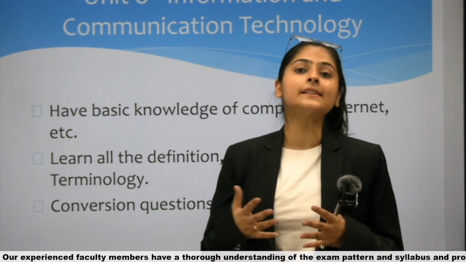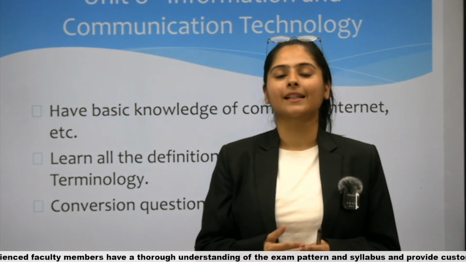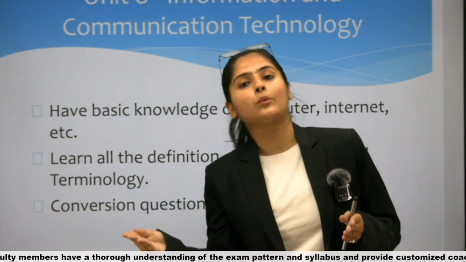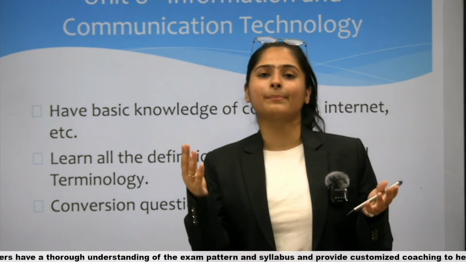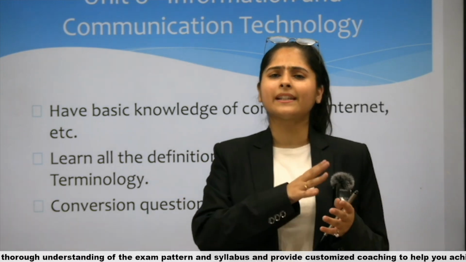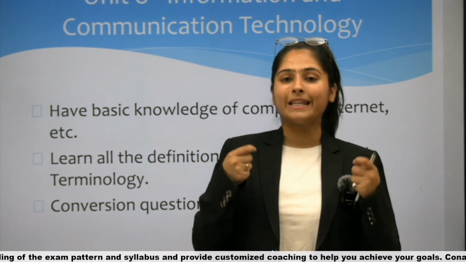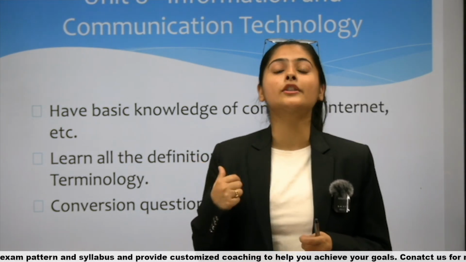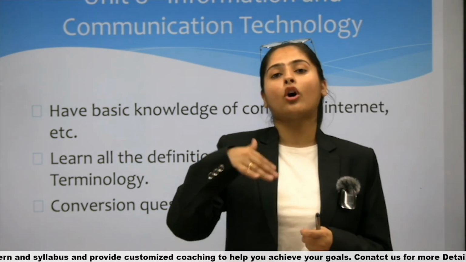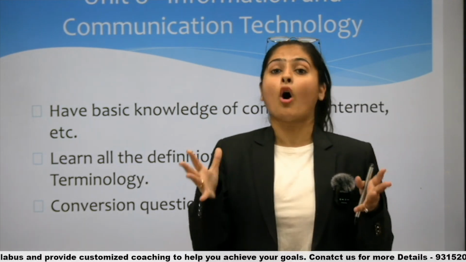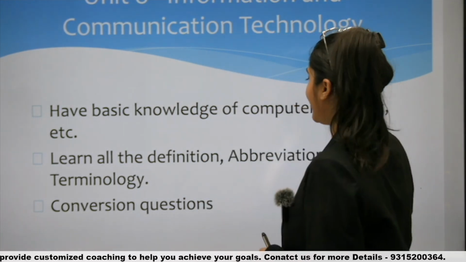Also, nowadays UGC has started asking questions related to conversions, like binary into decimal. These are computer language and they're not very tough. If you just see 1 or 2 videos regarding them, then this unit is also very easy to score. The concepts are not very complex. Okay, let's move forward.